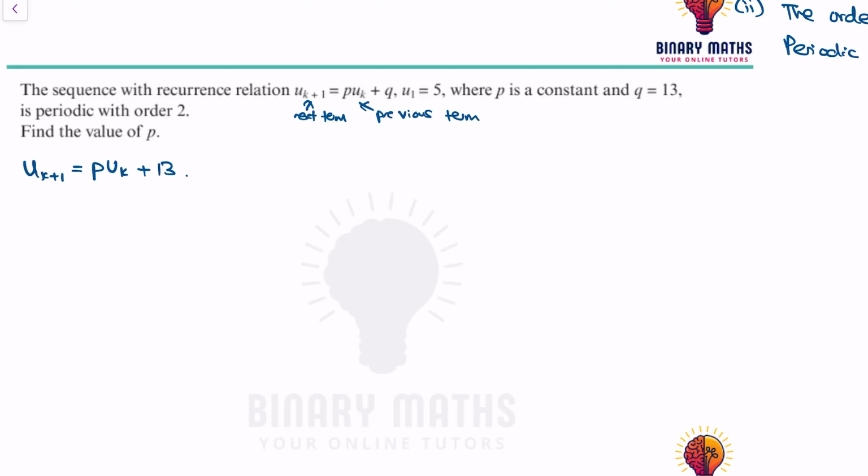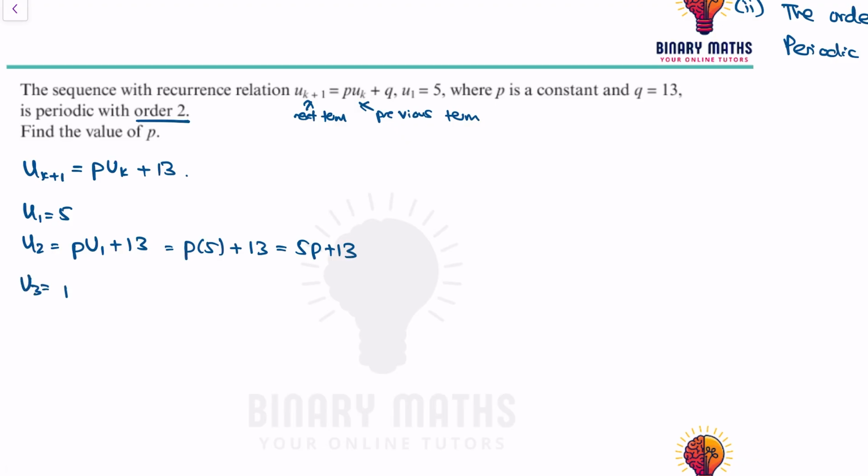And we also know it's got order 2, and U1 is equal to 5. To find U2, you're doing P times U1 plus 13, which is equal to P times 5 plus 13, which is equal to 5P plus 13.